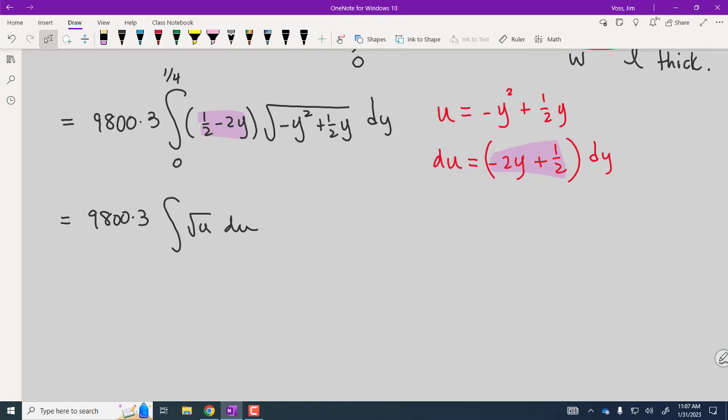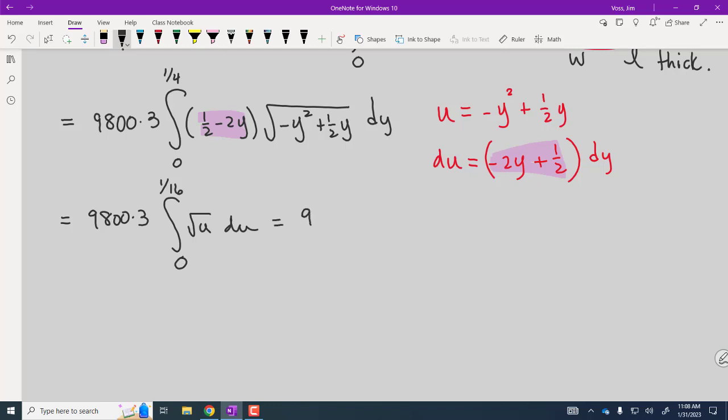So first we have a lower limit of y equals 0. Plug that in here, we get u equals 0. We have an upper limit of a 4th. Plug that in here, and we'll have minus 1/16 plus an 1/8. Minus 1/16 plus an 1/8 is positive 1/16. So there is our final integral.